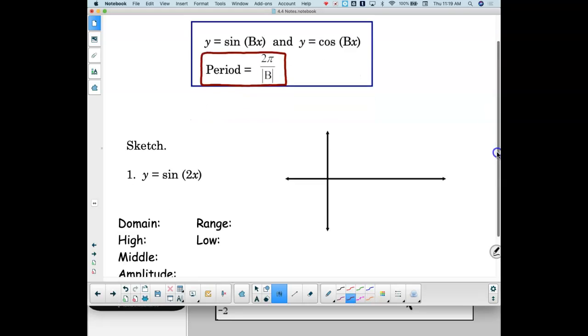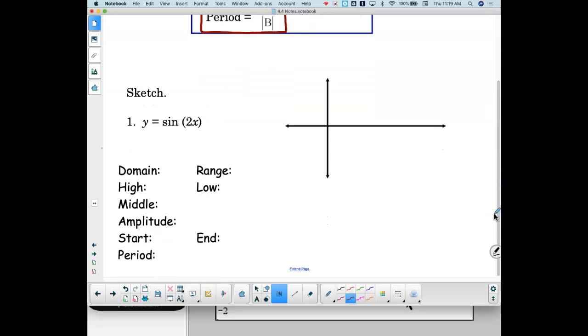So, let's talk about a sketch of y equals the sine of 2x. I know my domain is all real numbers, because it's always going to be all real numbers.